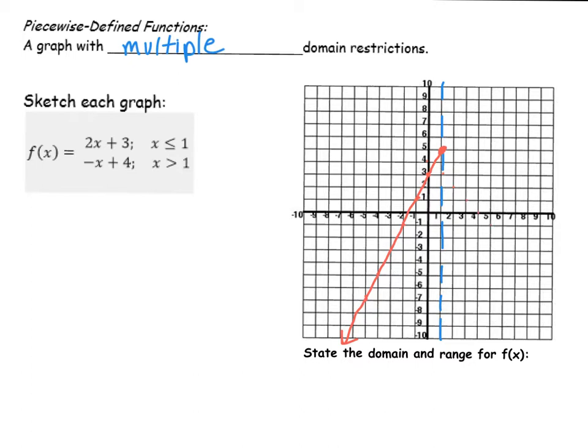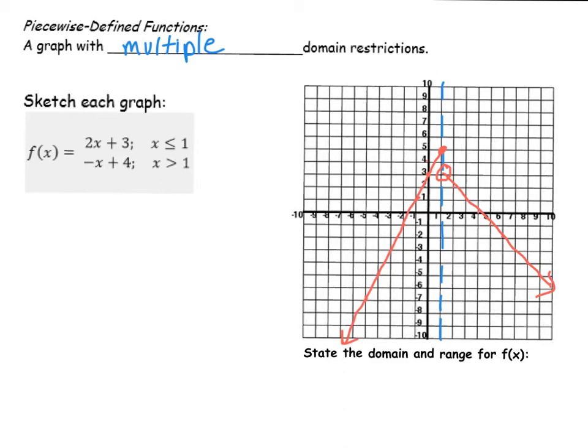These points are actually part of the graph. Now right here, this line at x equals 1, that needs to be open, right? Because then the rest of this line is all part of the graph, and it will approach 1.